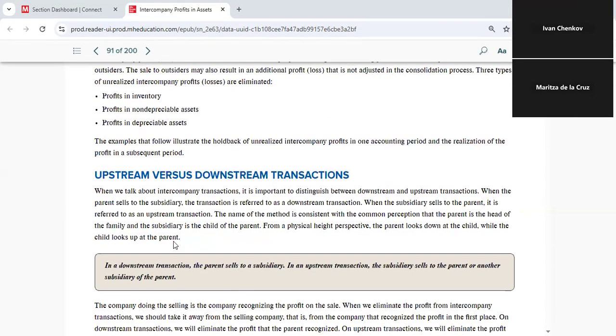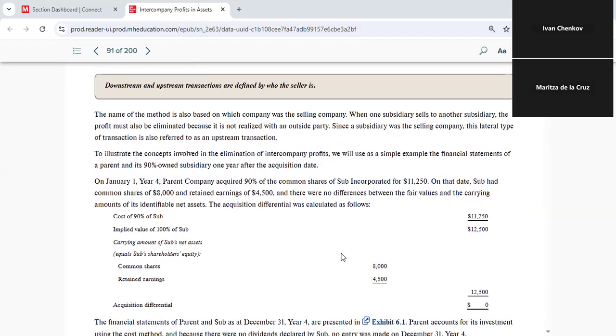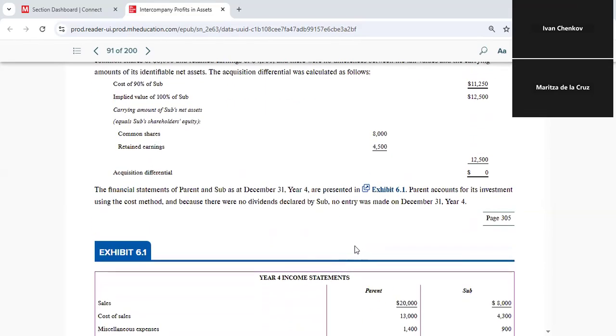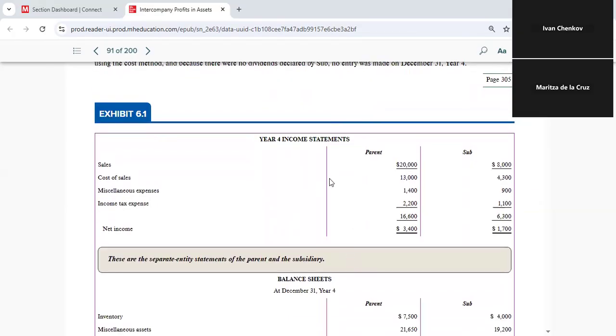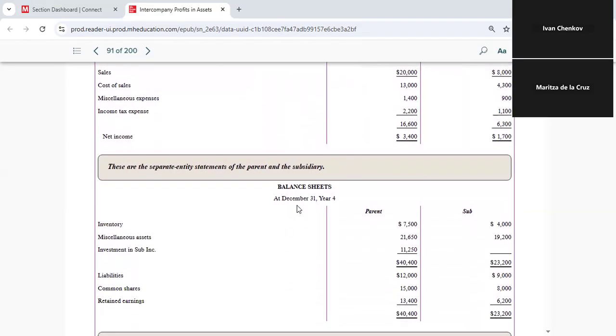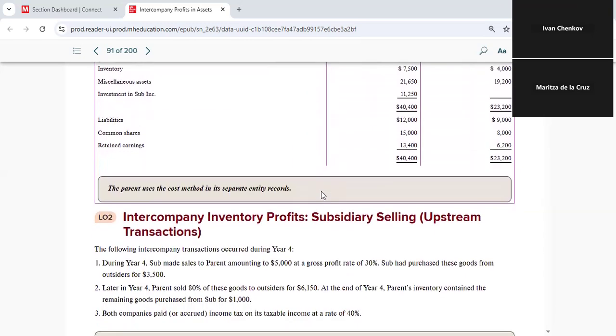First the inventory, downstream transactions, and we have to see that we only own 90%. There's no acquisition differential, as you can see in this case. Whatever we pay is directly allocated. Then we have the income statement and the balance sheet of the subsidiary and the parent at the date of the acquisition.